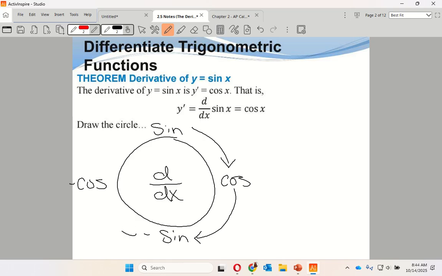The derivative of negative sine is going to give me negative cosine, and the derivative of negative cosine is going to give me sine. This is almost the reason why I wanted you to stop drawing whatever you were drawing and actually draw this, because this is super important.